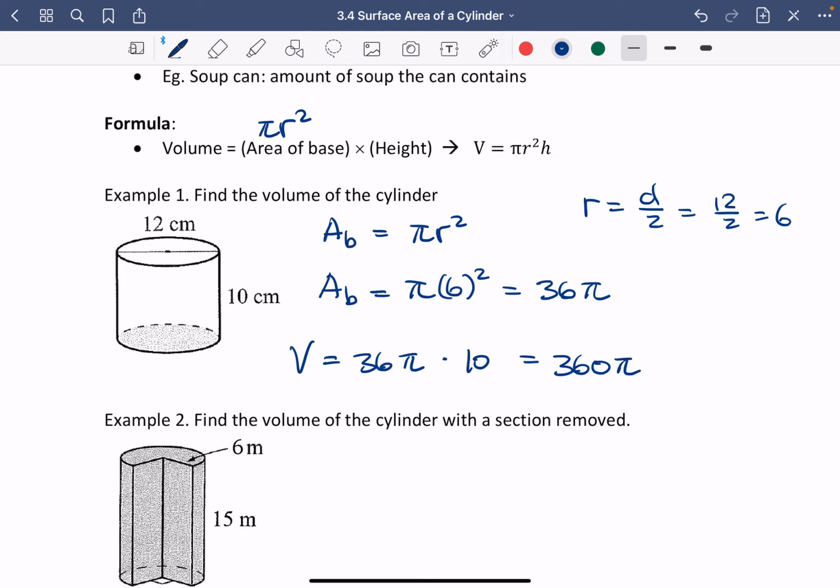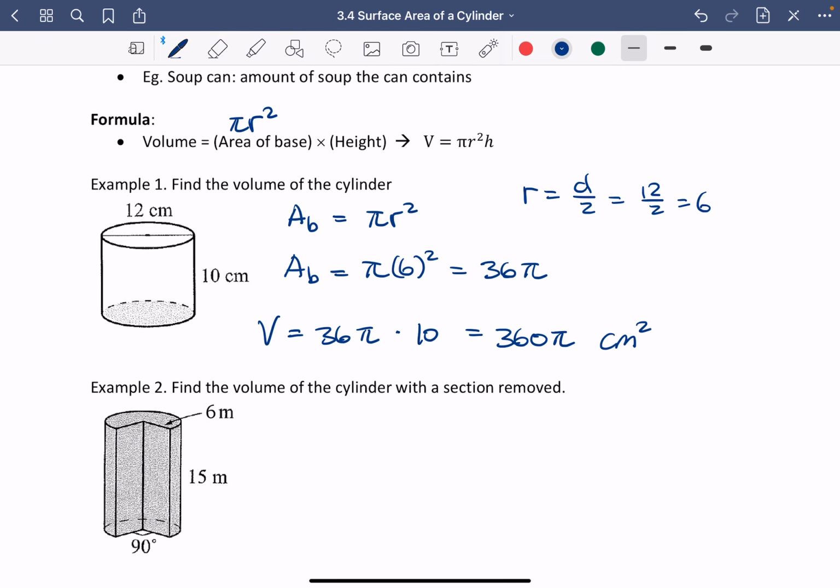You can leave the answer like this with a unit, or you can plug into your calculator and the answer should be around 1130.97 actually. 97 cm squared. Okay, both answers are fine.